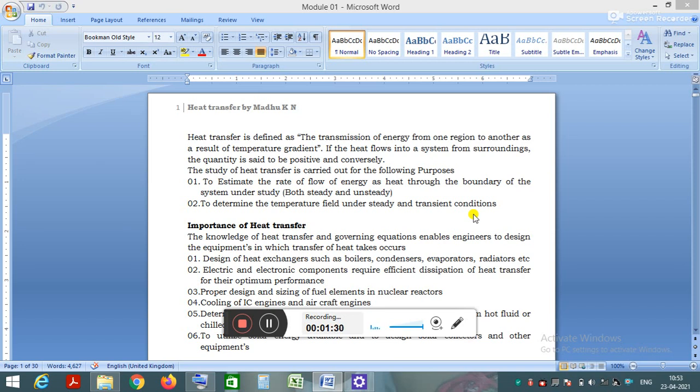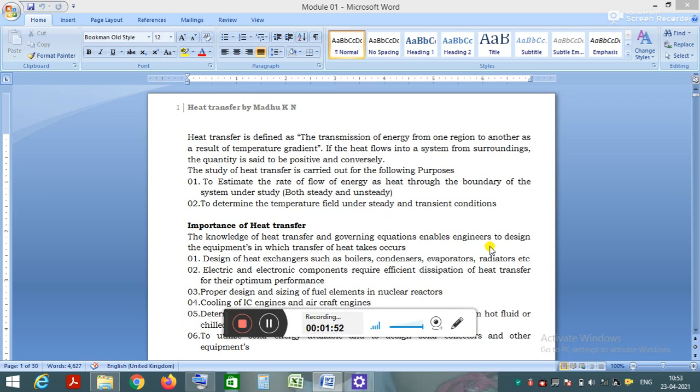The concept of heat transfer is very useful in the design of heat exchangers such as boilers, condensers, evaporators, radiators, not only in mechanical devices but also in electric and electronic devices such as computers and refrigerators.